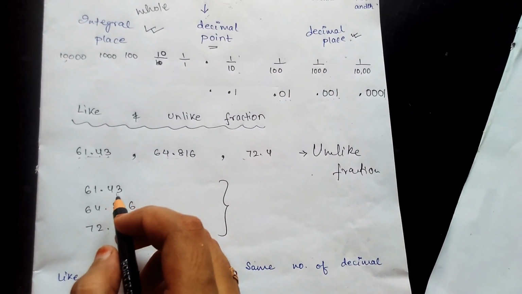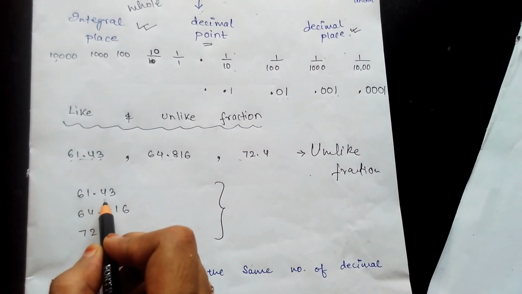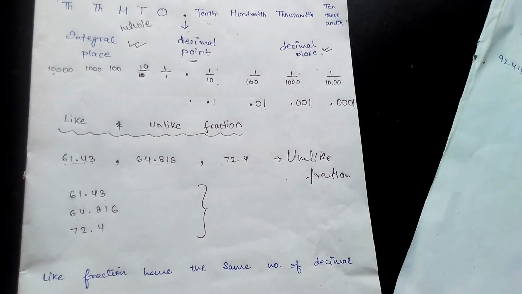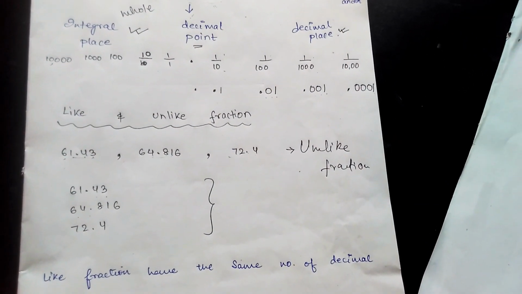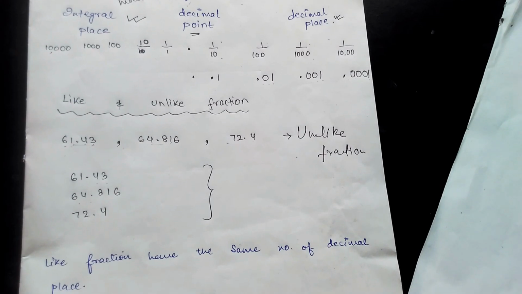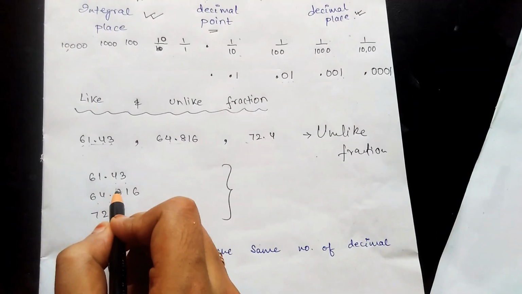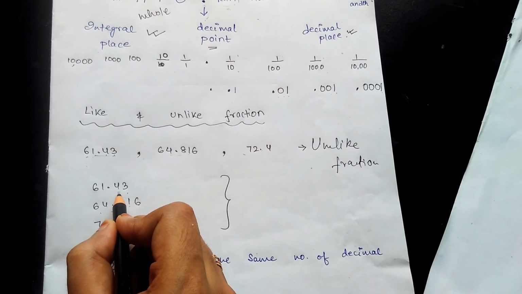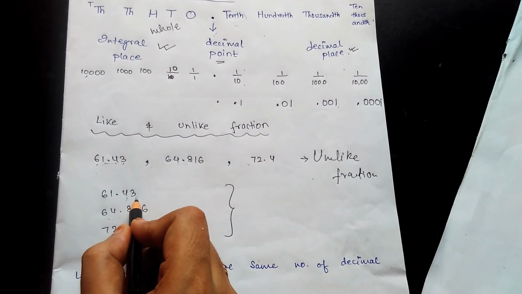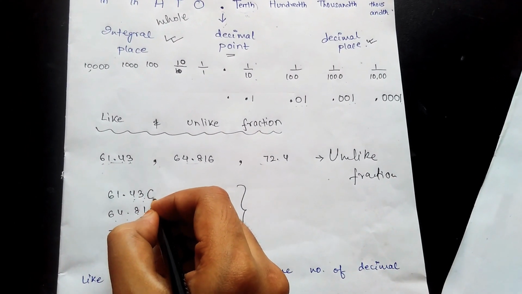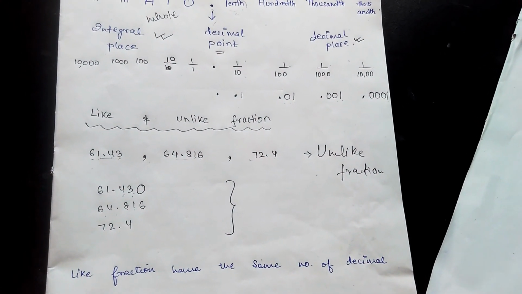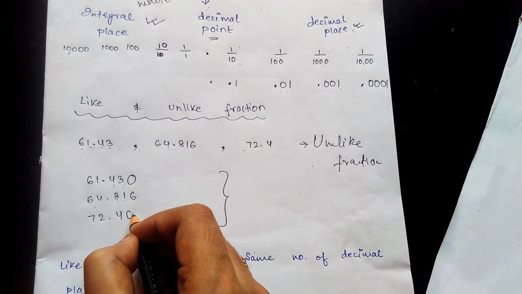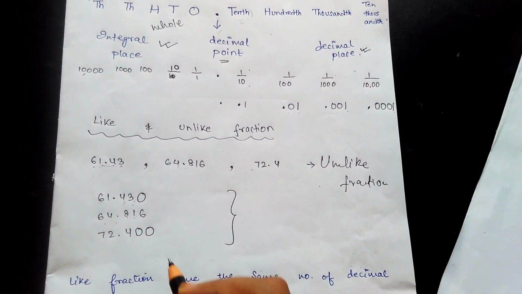Now how to make them like fractions? So here is 61.43, here is 64.816, and here is 72.4. Just by putting zeros on these numbers, we can make them like fractions. The highest has 3 decimal places, so here we have to make 2 decimal places into 3 decimal places. Just putting a 0 over here, we can make it 3 decimal places. Now for this one, 72.4, we will add 2 decimal places by putting 2 zeros.